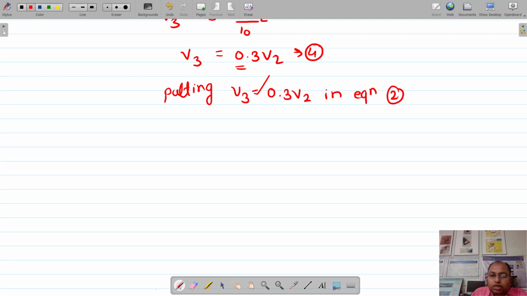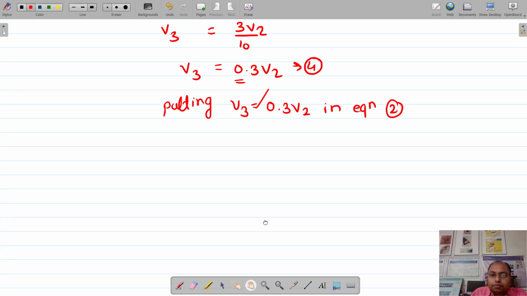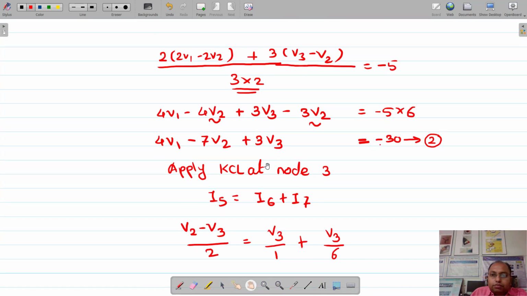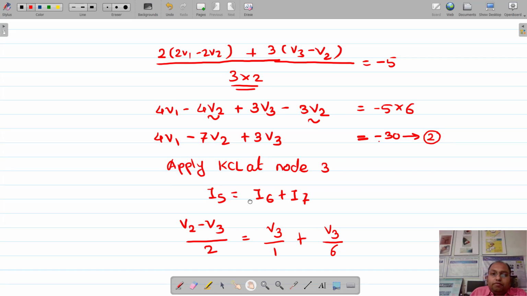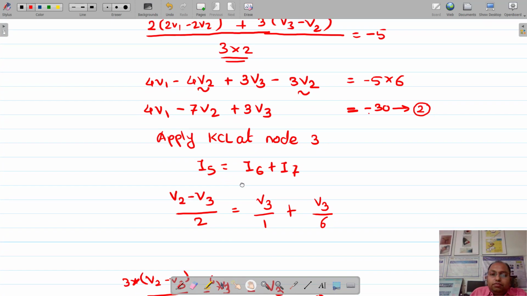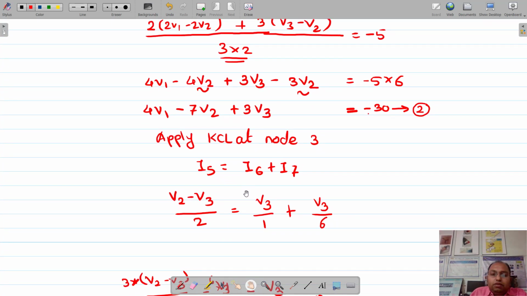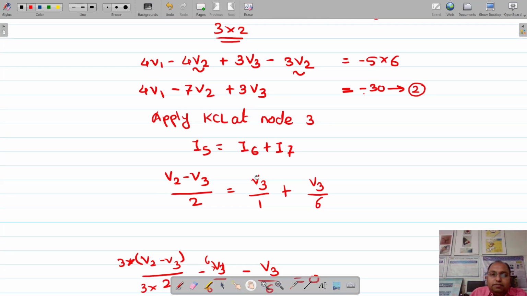Okay, so let us check out what is that equation number 2. So equation number 2 was consisting of 4v1 minus 7v2 plus 3v3 is equals to minus 30.